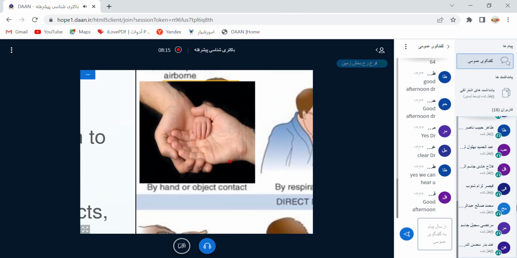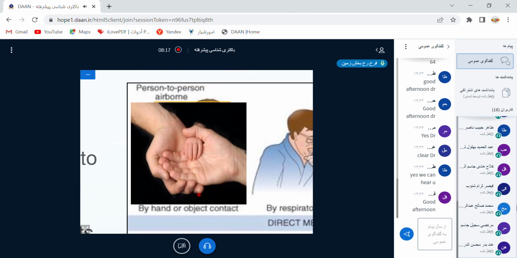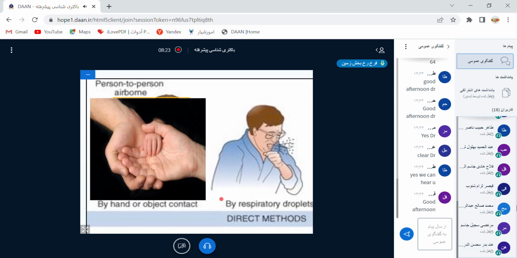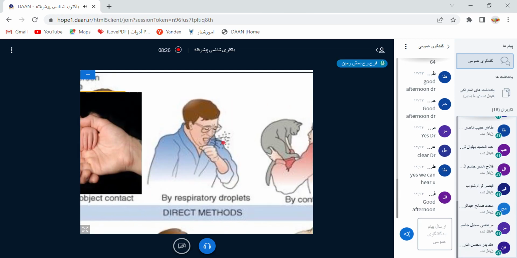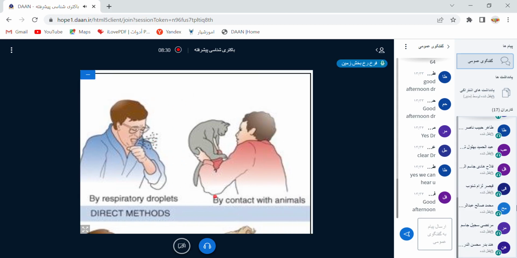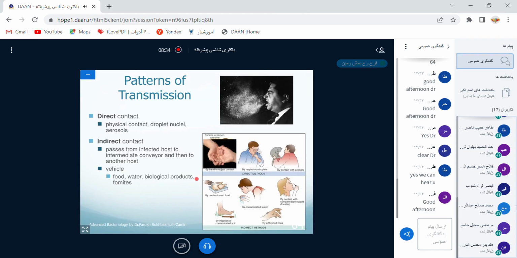Here you can see person to person, airborne, by hand or object contact, by respiratory droplets, and by contact with animals.